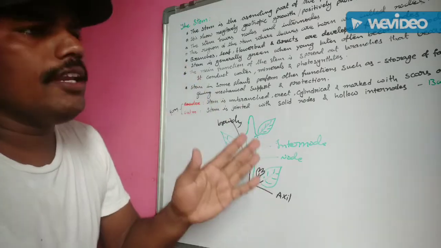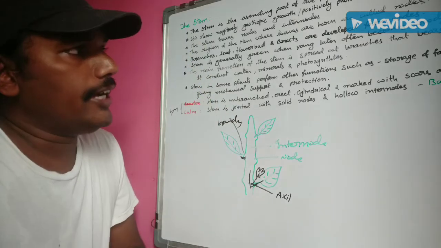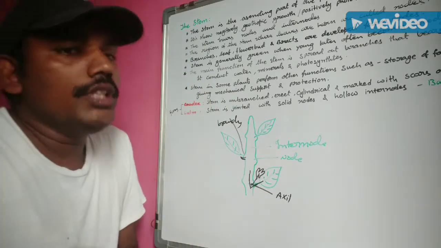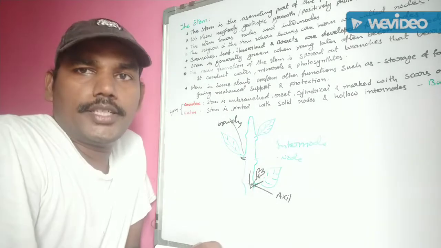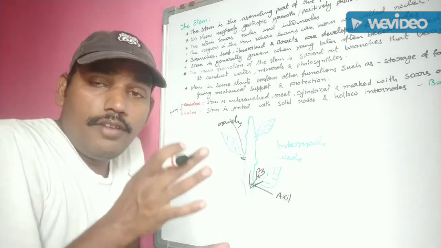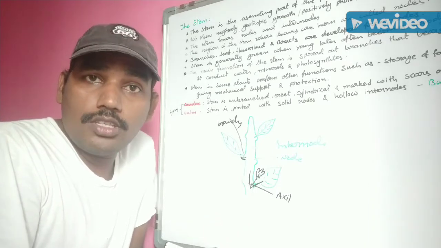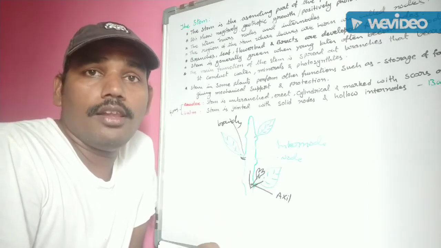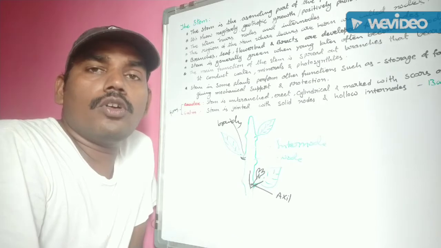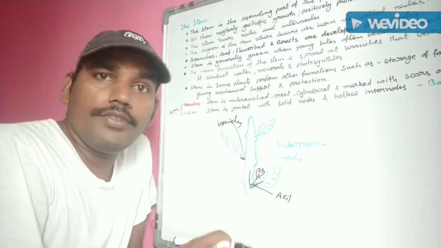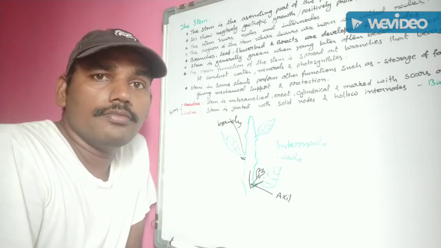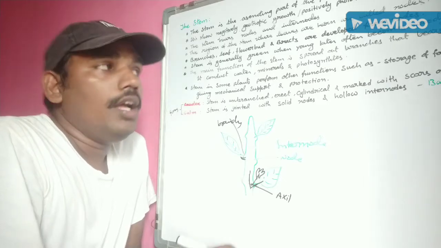Understand? Next, the stem is generally green when younger. Later, it often becomes woody and dark brown in color. When young, the stem is green because of the presence of chlorophyll, and by the presence of chlorophyll it feeds itself through photosynthesis, assimilation.